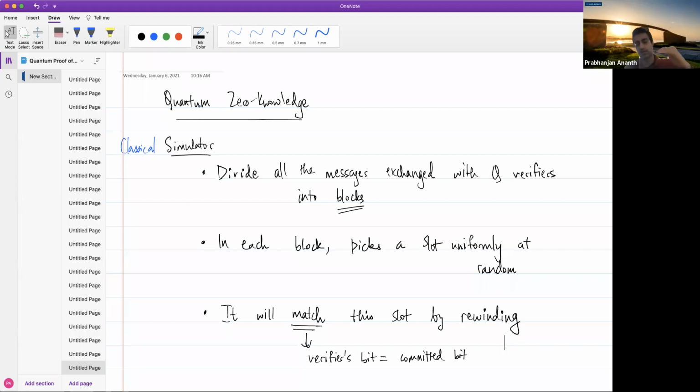At the end of every block, you store a bit in the decision register that tells you whether the slot was matched or not, and you measure this bit. If it was matched, then you move on to the next block, and if it was not matched, you're going to rewind using Watrous rewinding. And the probability that you match is going to be negligibly close to half, which means that you can apply Watrous rewinding. Right?